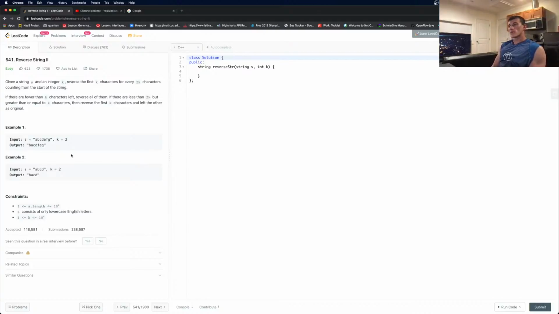I think there was a simple function to do so. The length is from 1 to 10 to the power of 4, s consists of only lowercase English letters, and 1 less than or equal to k and blah blah blah.